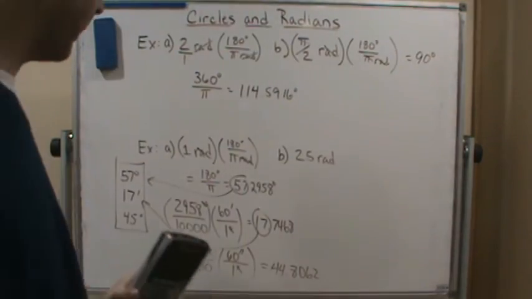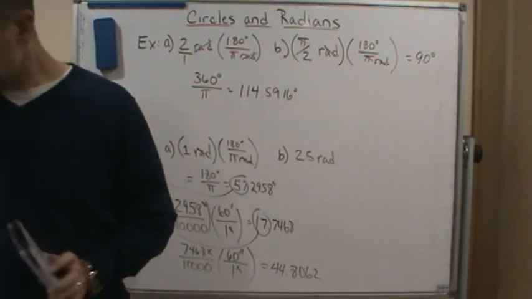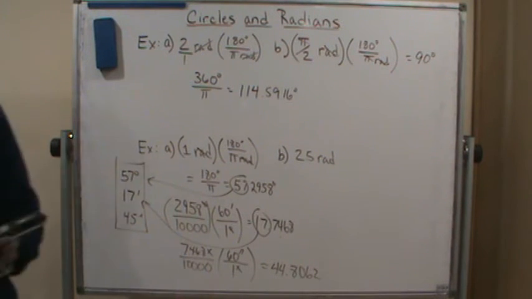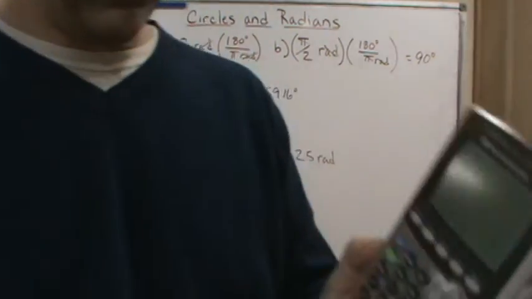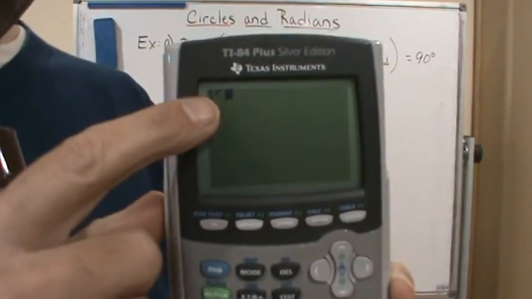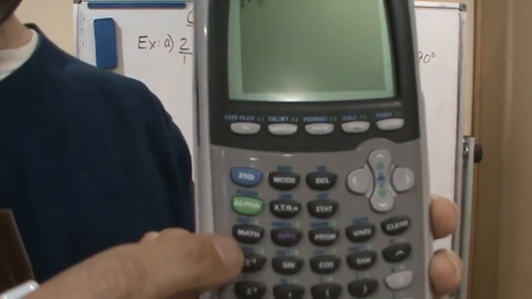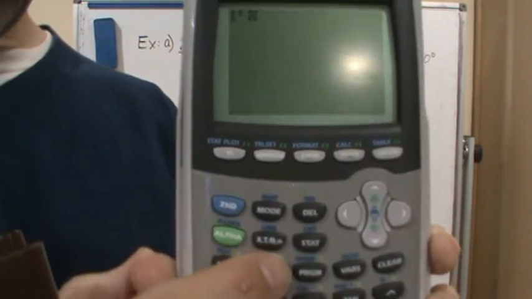Okay, so now I've got the radian symbol, and now I want to convert this to degrees, minutes, and seconds. So now all I have to do is take this in radians and convert it to DMS. So how do I do that? Go under, again, angle.